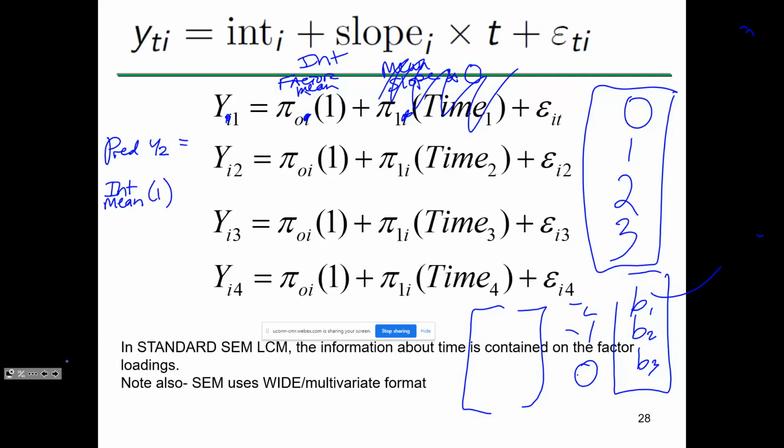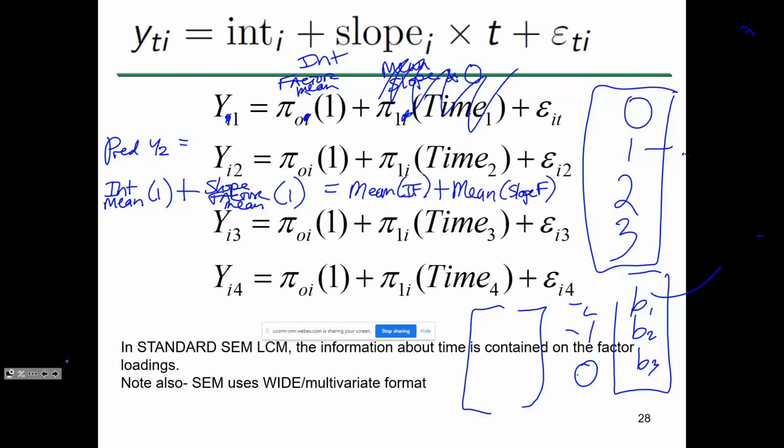Because if you look at the model, plus we're going to have the slope factor mean, and here it's going to be times 1 because that's the factor loading at time 2. And so the predicted Y2 is just the mean of the intercept factor plus the mean of the slope factor. And then of course this is the individual error.